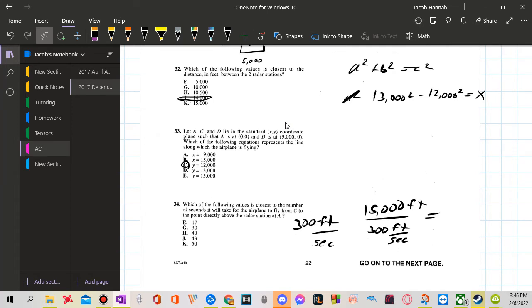This is going to equal 50. The feet cancel out, and seconds gets sent up here. So it's going to take 50 seconds.